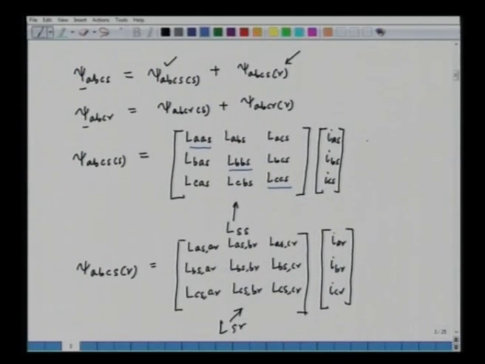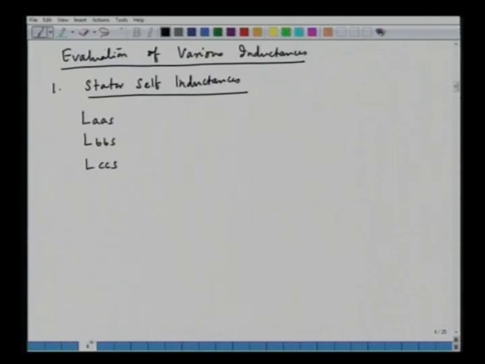So this is not very difficult to find out, because we know that the self inductance will have two components. One component is contributed by the leakage flux, that is the leakage inductance, and the other component is the magnetizing inductance. So we can write this in the following fashion: LLS plus LMS.